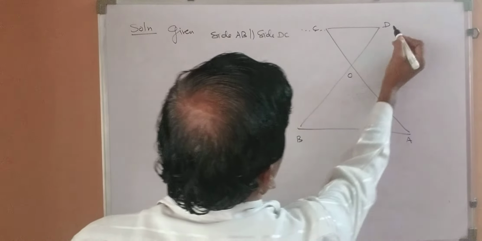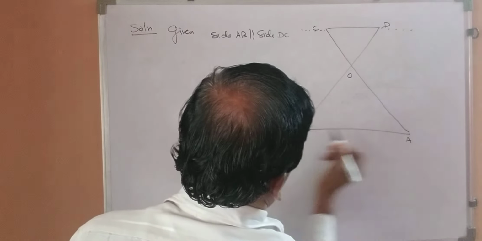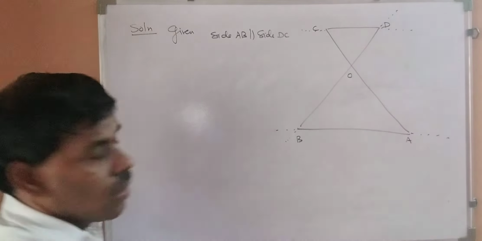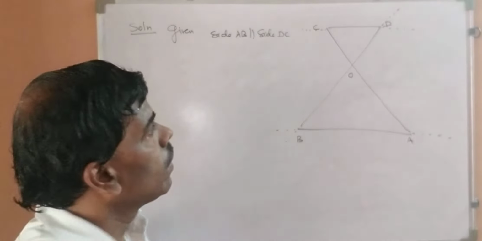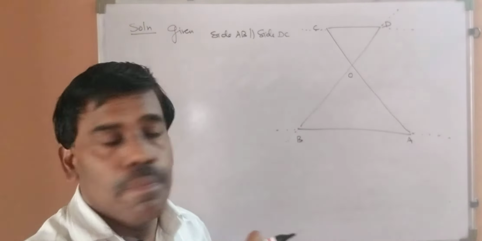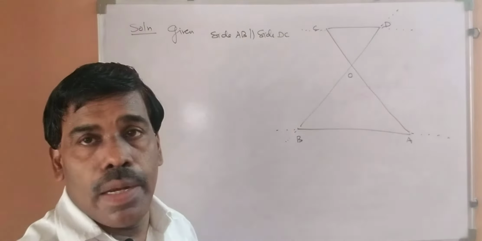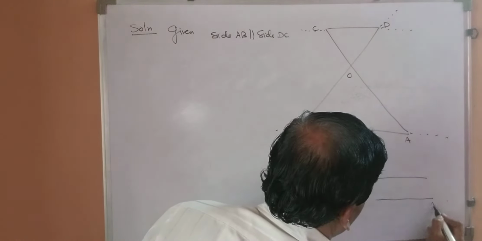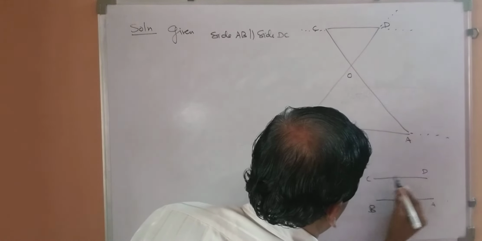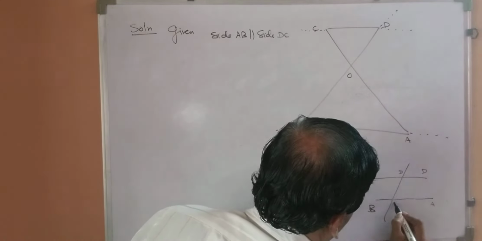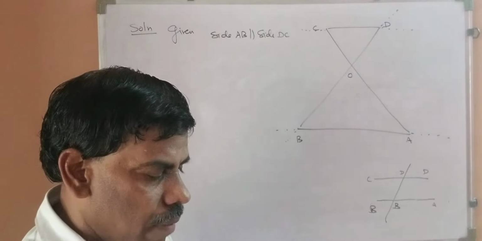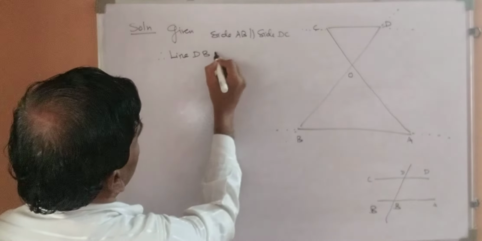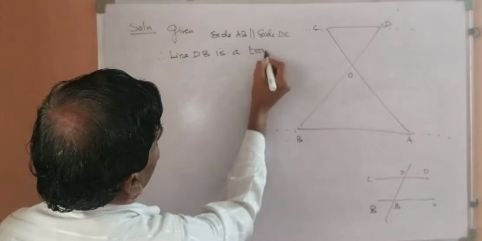See here very carefully. AB is one line, CD is another line, and what happened to DB? This is a transversal. Therefore, line DB is a transversal.